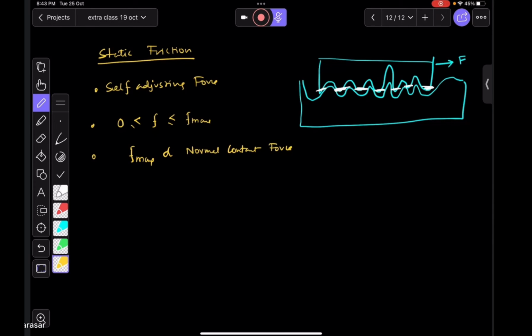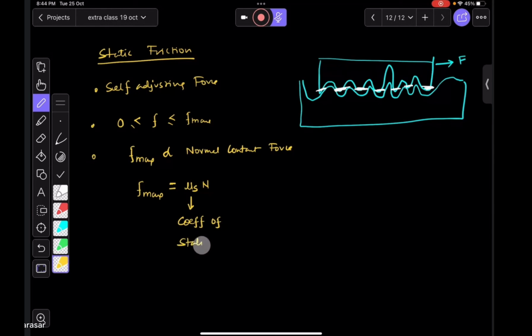To get rid of this proportionality sign, we bring a proportionality constant, mu s, which is called the coefficient of static friction.